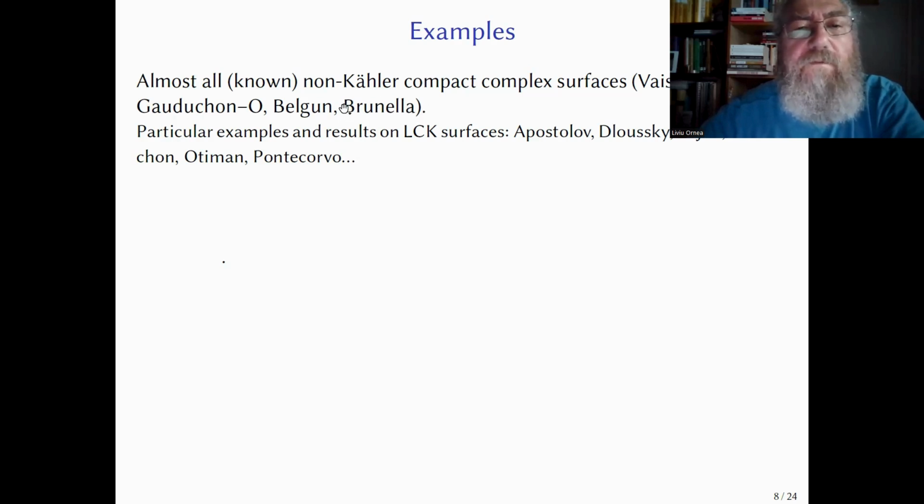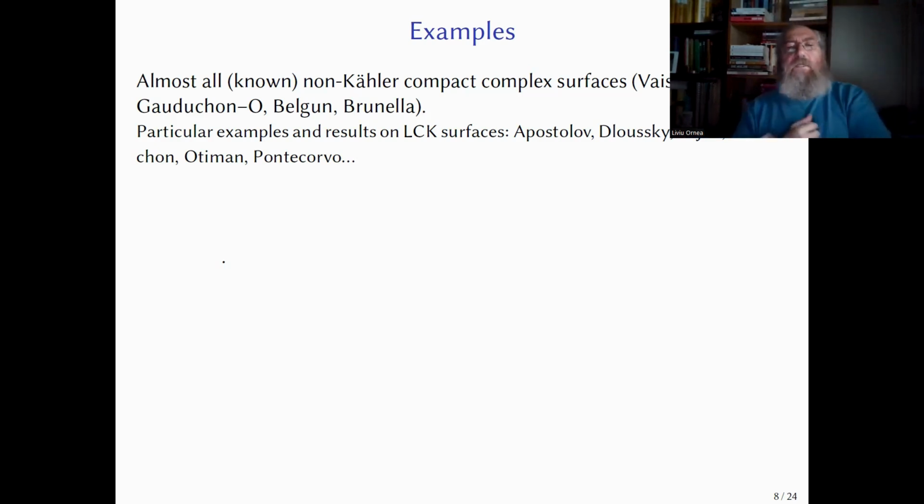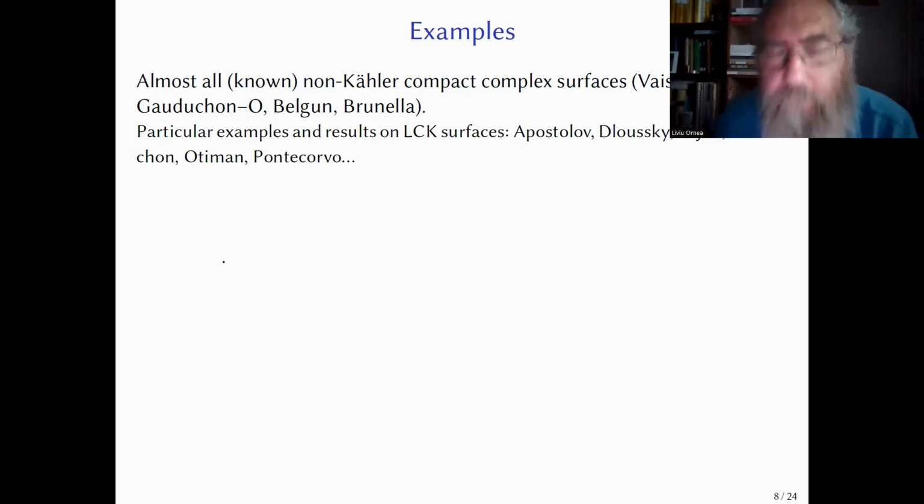Brunella, who proved that Enoki surfaces first, and then all Kato surfaces are LCK. There is a great deal of work even now on LCK surfaces and, in general, on compact complex surfaces. But for LCK, these are the names to follow.